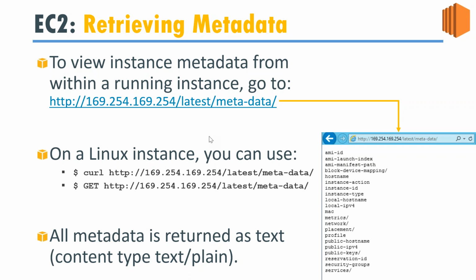For retrieving the metadata, there is a standard default URL. When you log into the server, whether it is Windows or Linux, the URL is the same. This is the URL that you see at the top, and if you go to a browser in a Windows instance and type in the metadata field, you get all these options.